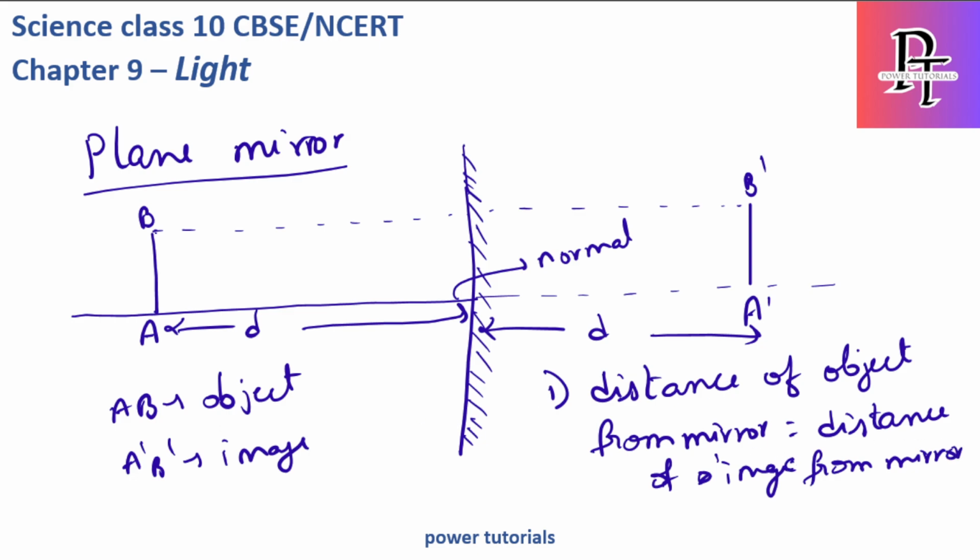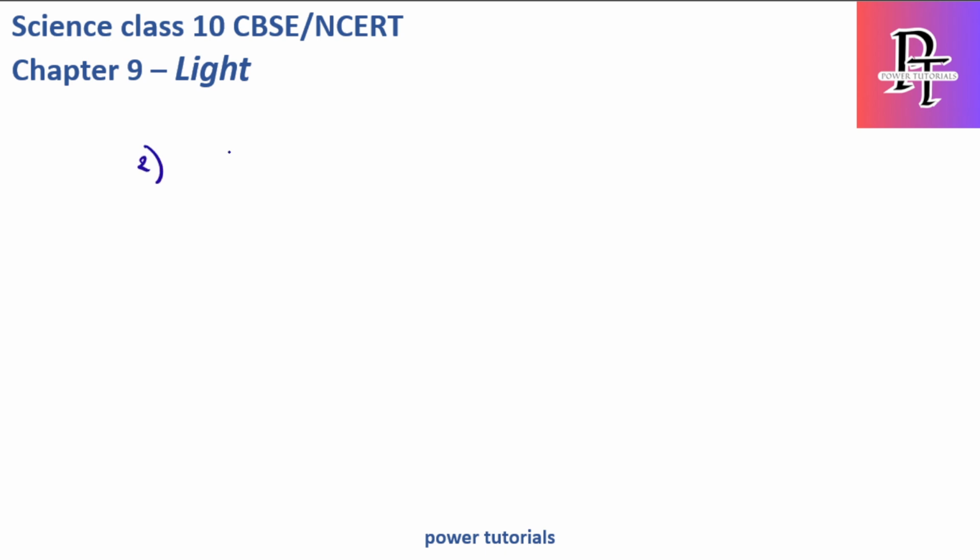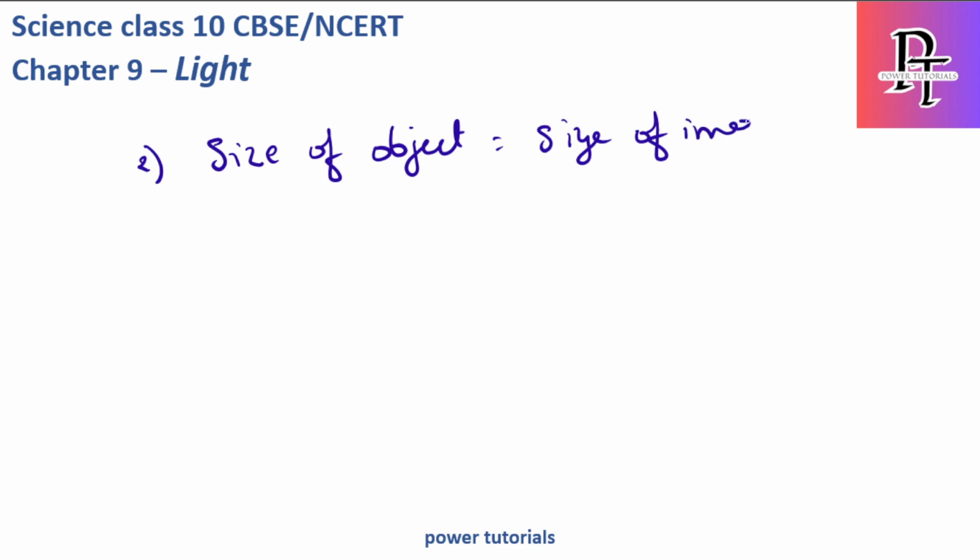Okay, second point: the size of the object is equal to the size of the image. So I can say that the size remains the same and the distance remains the same.